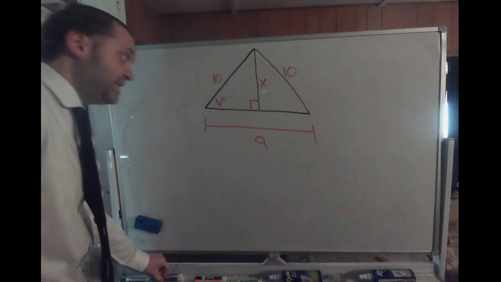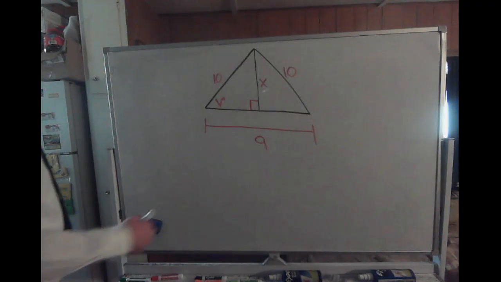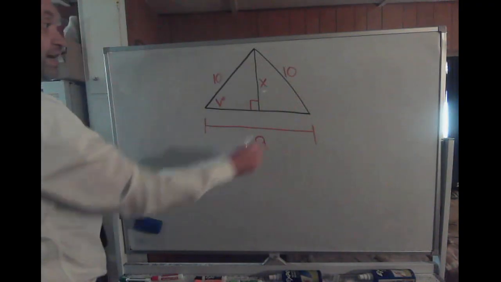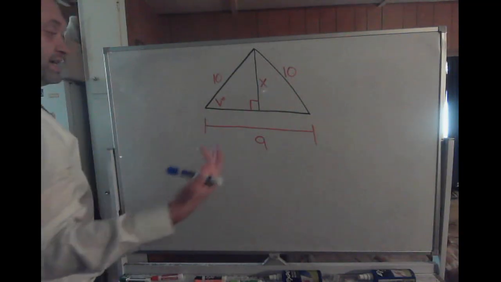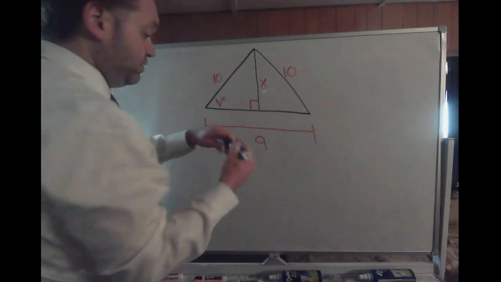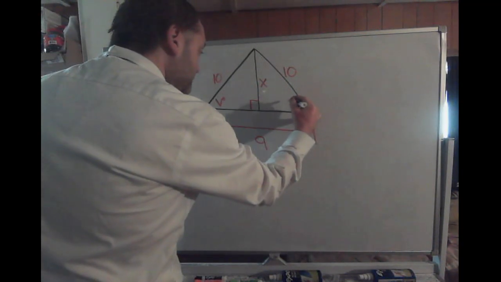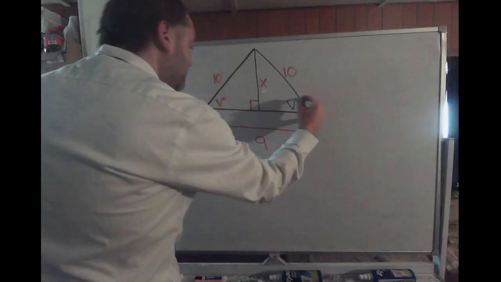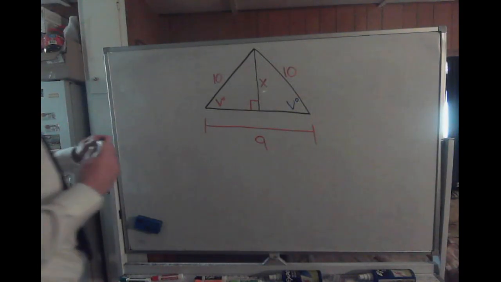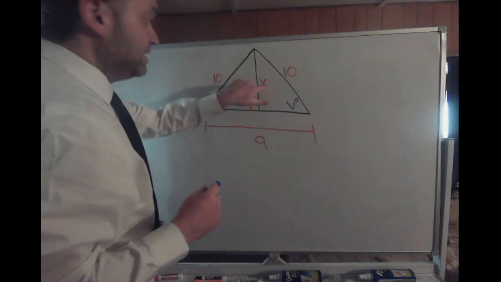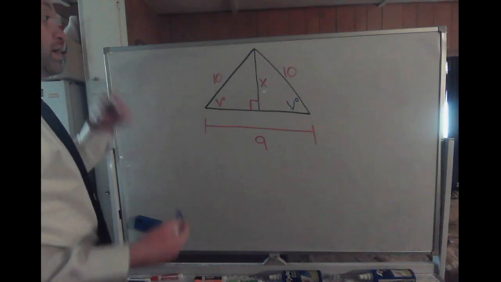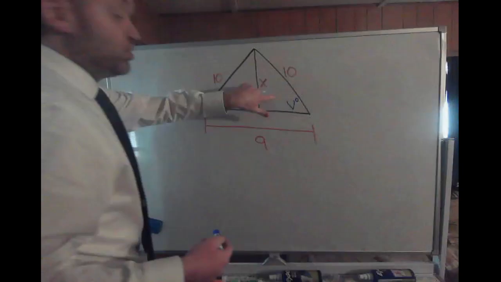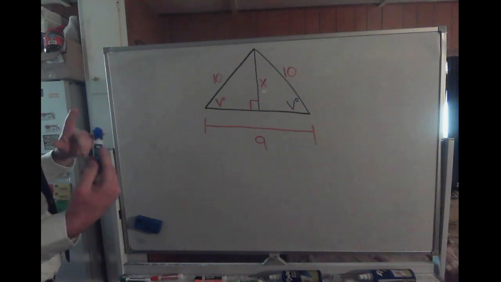Wouldn't this be an isosceles triangle, the whole triangle together then, because both of these sides have a length of 10, which would mean this angle here is also V degrees, which means the hypotenuse and the leg are congruent of each right triangle, so therefore these two right triangles are congruent to each other.